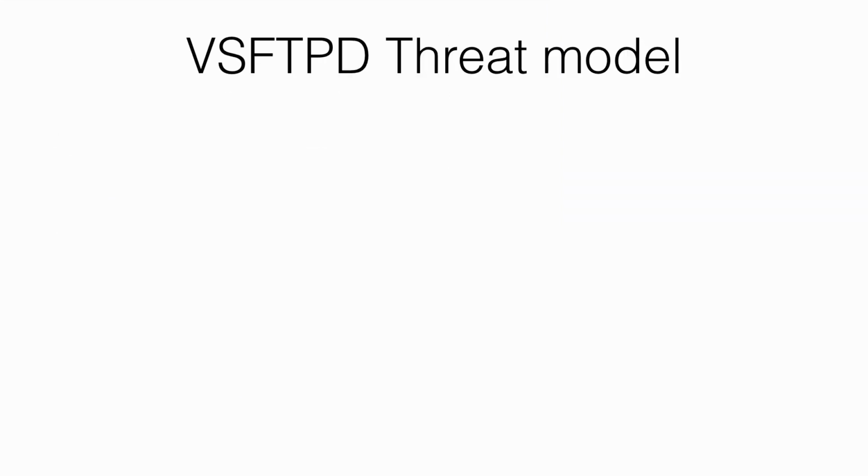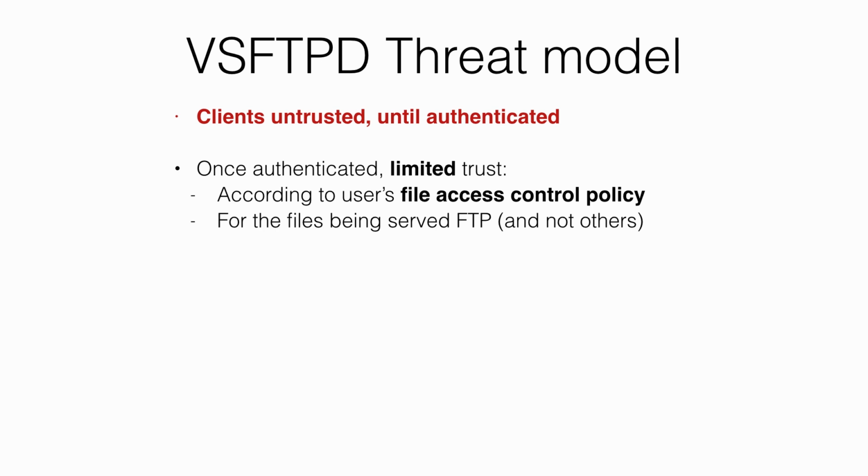Let's start by considering the VSFTPd threat model. First, we assume that clients are untrusted until they are authenticated. And once they are authenticated, they are granted a limited trust, that is, trust according to the user's file access control policy for those files being served by FTP, and of course all others should be inaccessible.